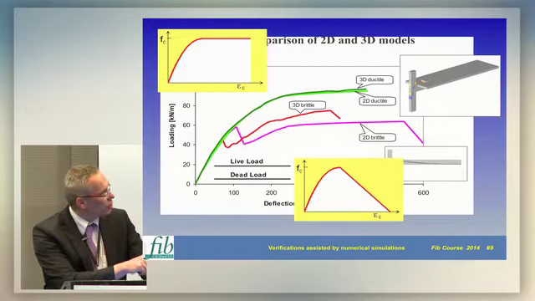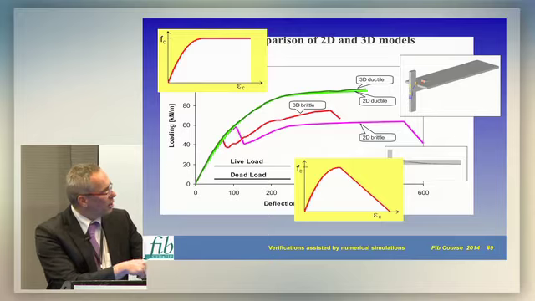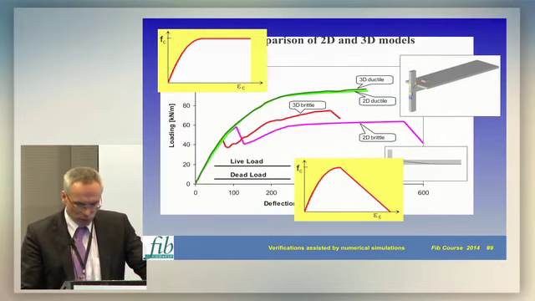And here you see the various calculated load displacement curves. When checking the ultimate limit state, we need this global approach, which I will come to later, where we increase the load up to failure, and then of course we need to check the reached peak loads with respect to the level of the design load.